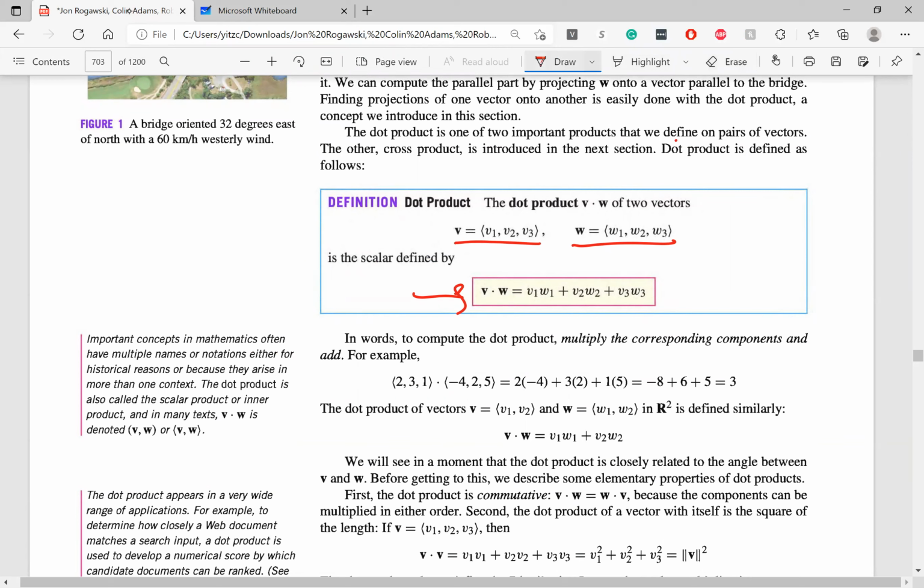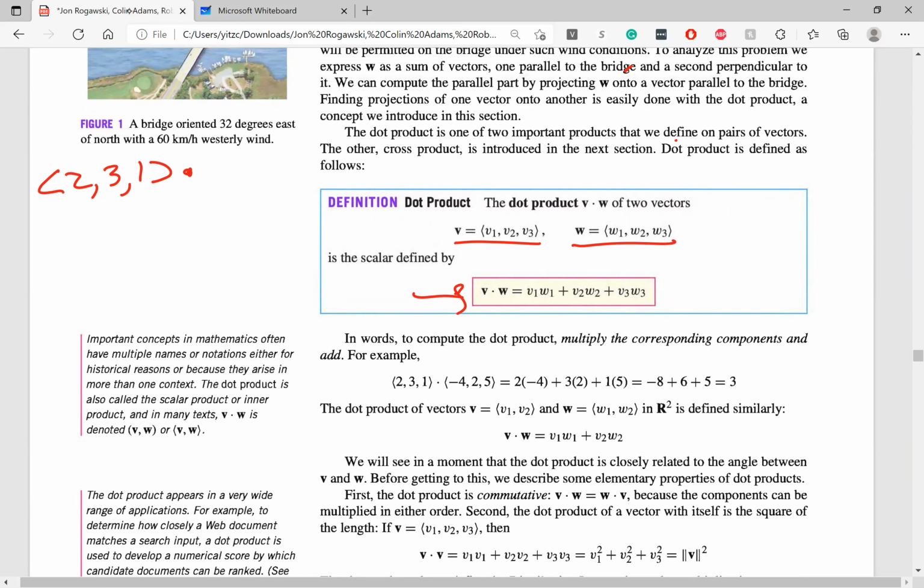Okay, so here's an example. They want us to find the dot product of 2, 3, 1 dotted with -4, 2, and 5. And this is going to be equal to 2 times -4 plus 3 times 2 plus 1 times 5.